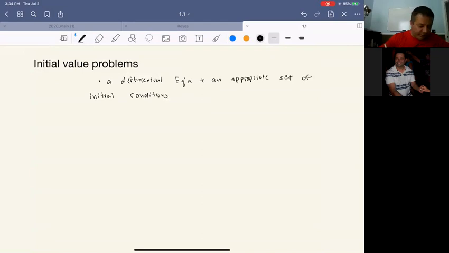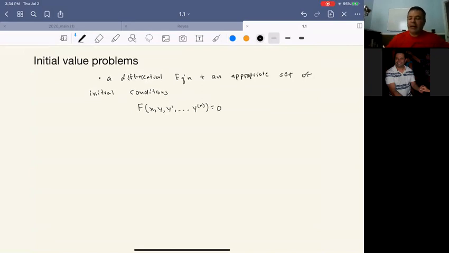So if you have, let's say, f of x, y, y prime, up to the nth derivative of y equaling 0, then in this case this is an nth order differential equation, so you're going to have n initial conditions.